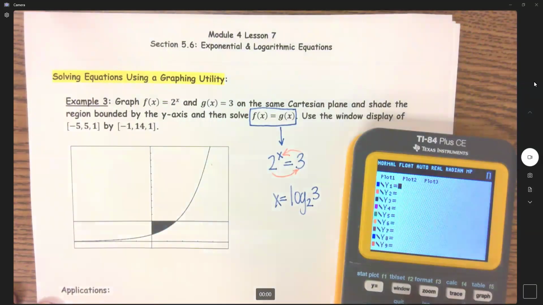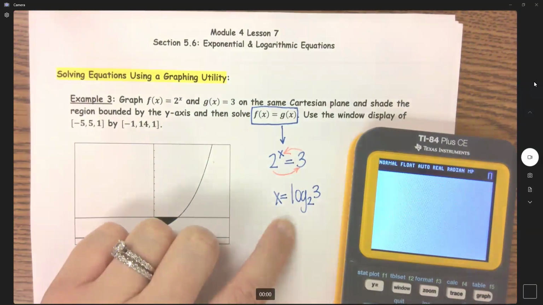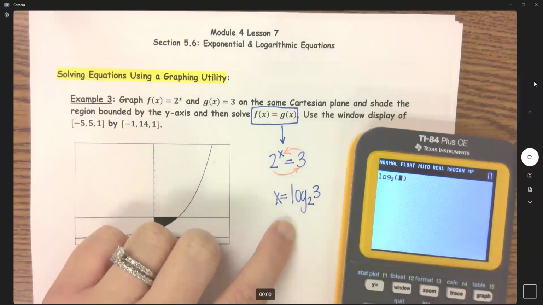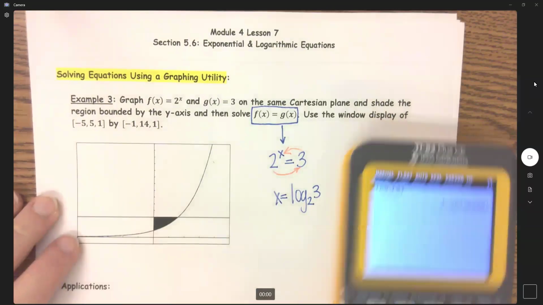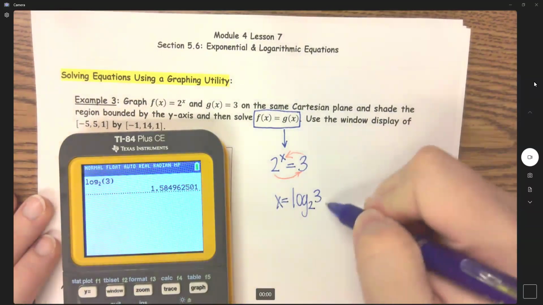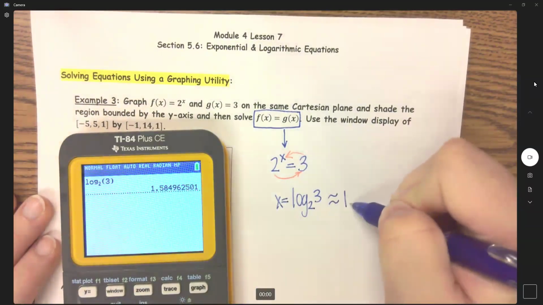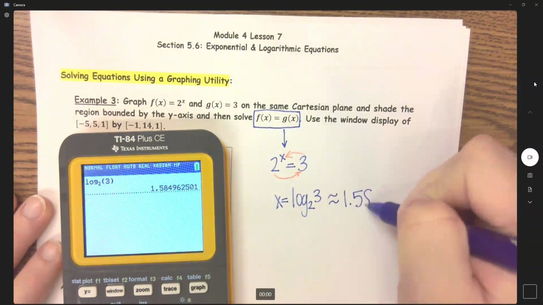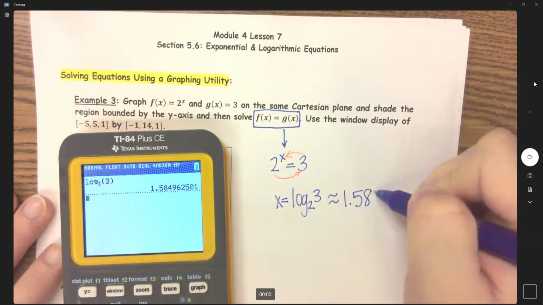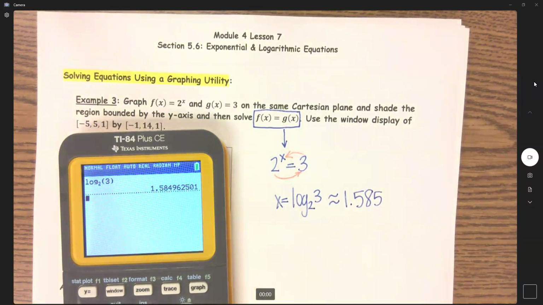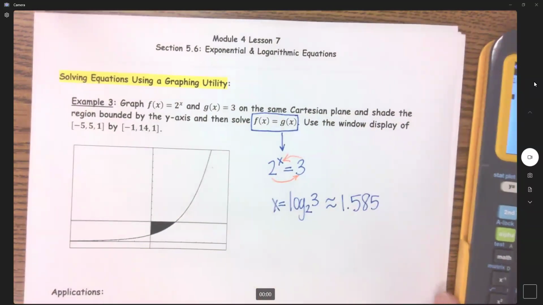And so we can put that into our calculator and get a decimal equivalent. Alpha window number 5, and we have log base 2 of 3. So this equals about 1.58, let's just call it that.